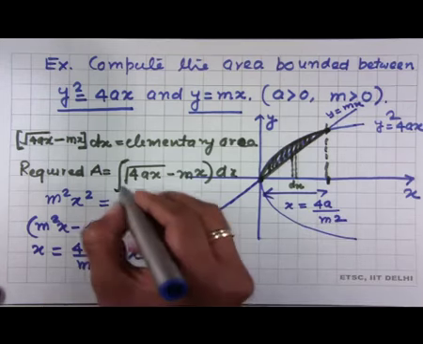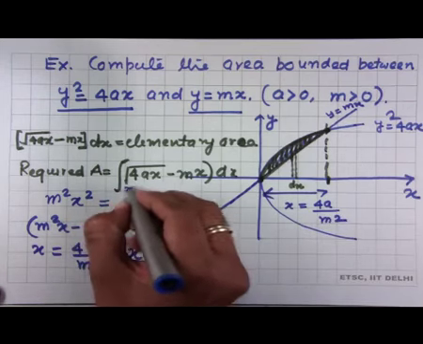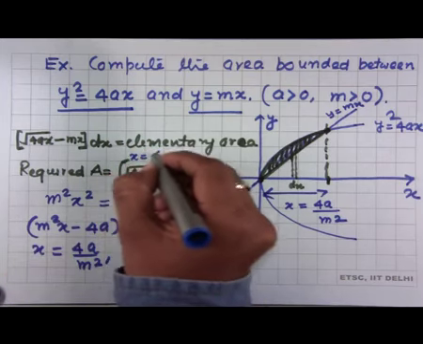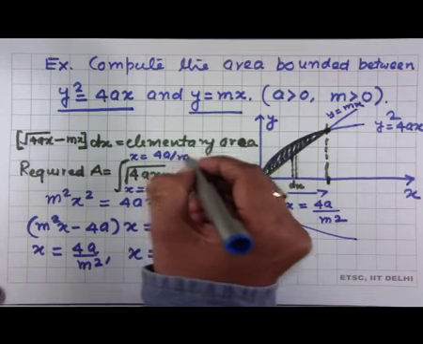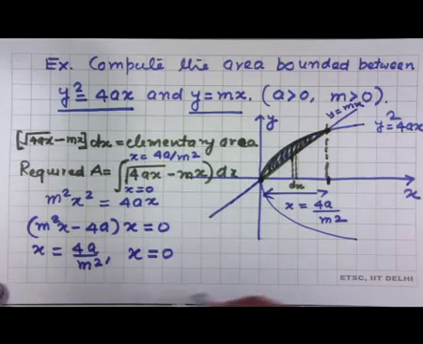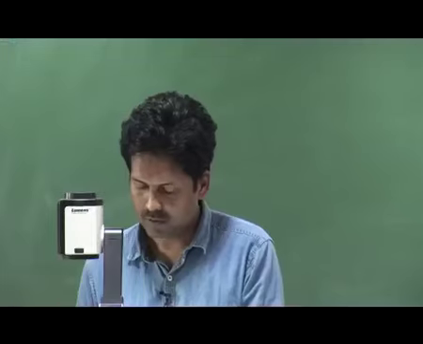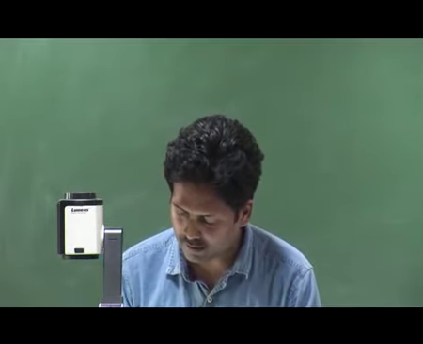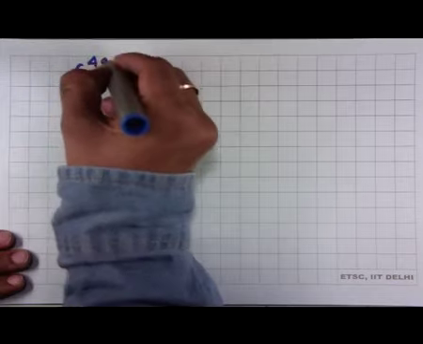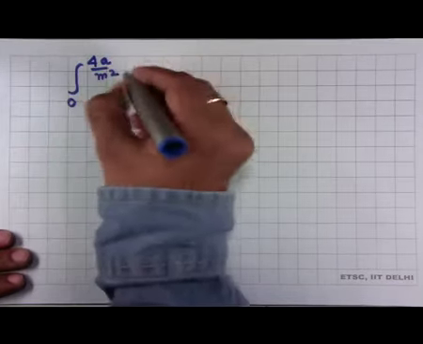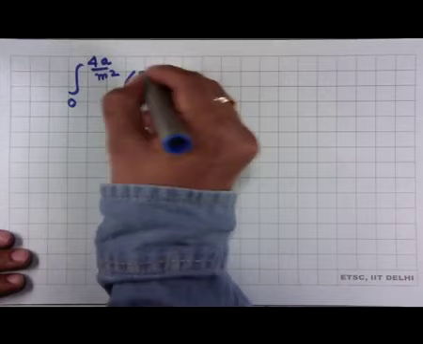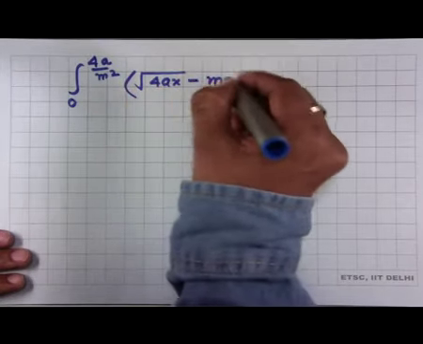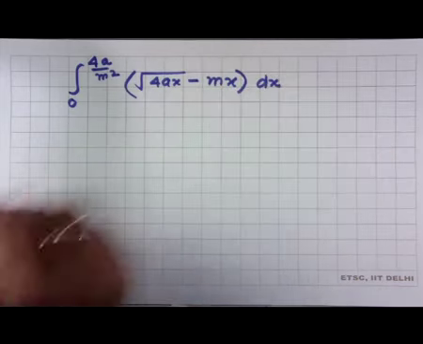The limits of integration will be x equals 0 to x equals 4a by m square. So, your required area is the integral from 0 to 4a by m square of under root 4ax minus mx dx.